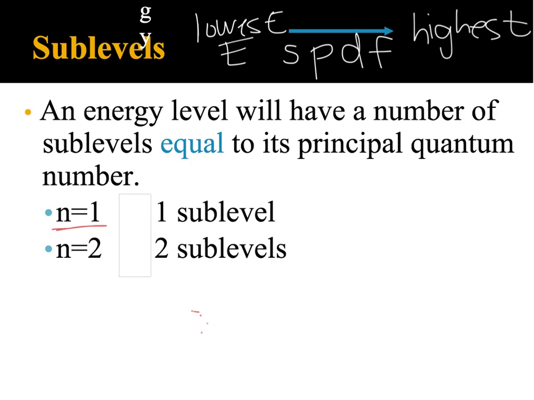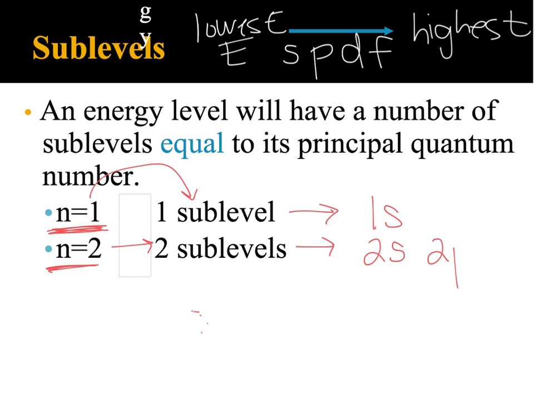Within the principal quantum number of 1, or within the first energy level, we have 1 sublevel. We call it the 1s. When you go down to the second energy level, there are 2 sublevels. It's called the 2s and the 2p.